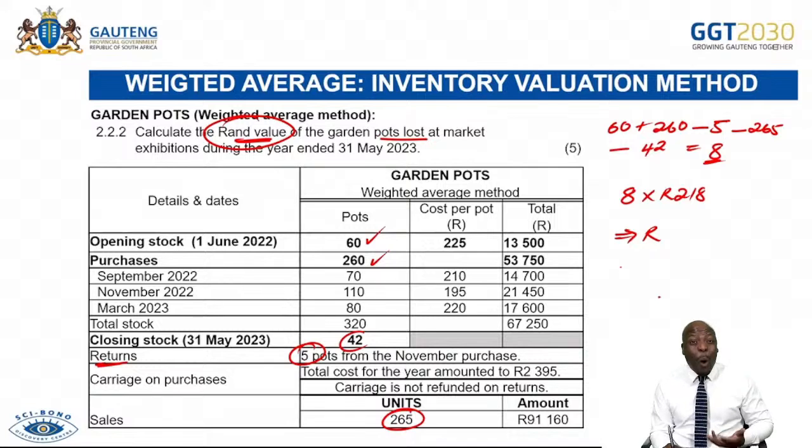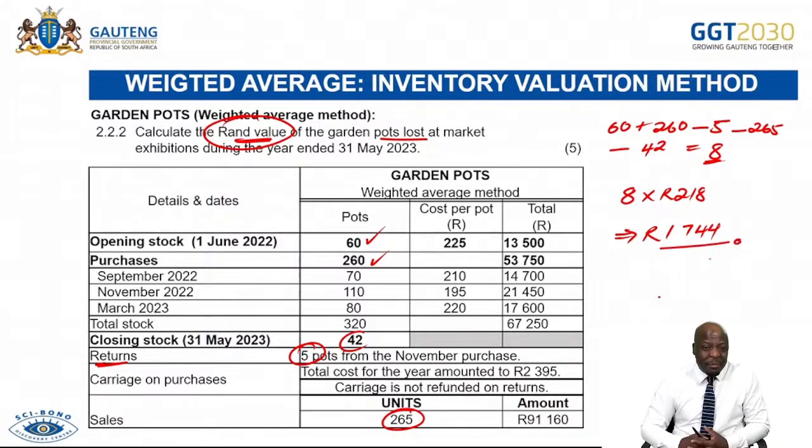That's what the examiner wanted now. Calculators, how much do you get? 1,744. Okay. Thank you, guys. Very important that you understand what the examiner wants from you. Can I move on from this one? Certainly. Let's go on to the next one.